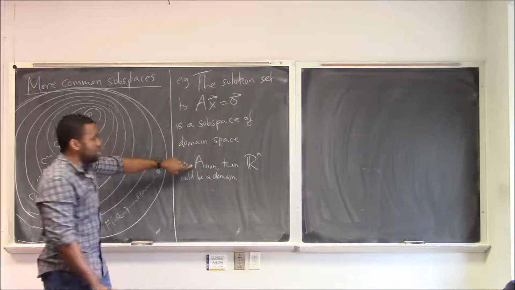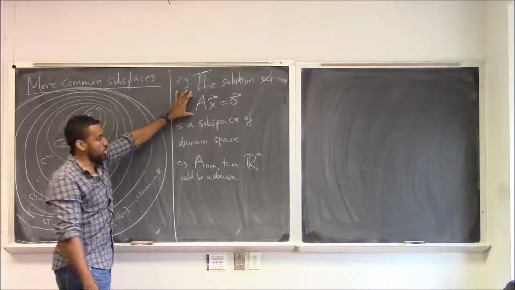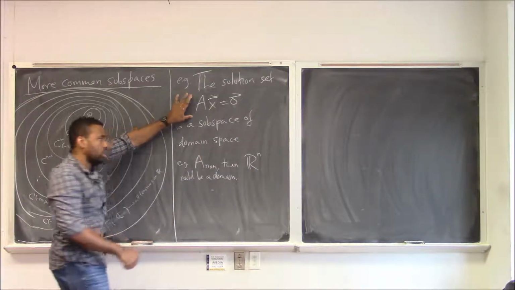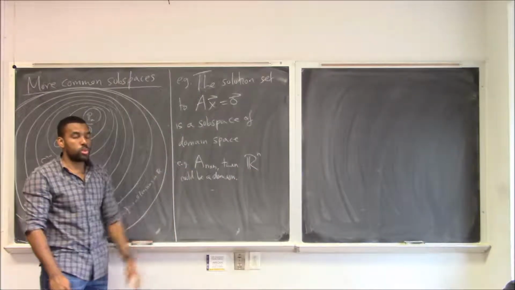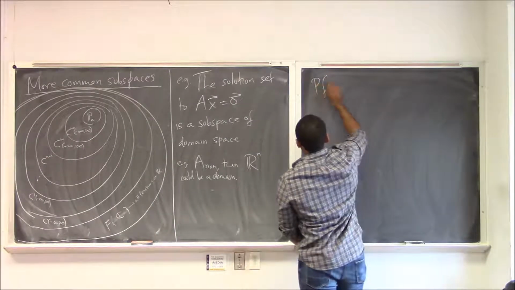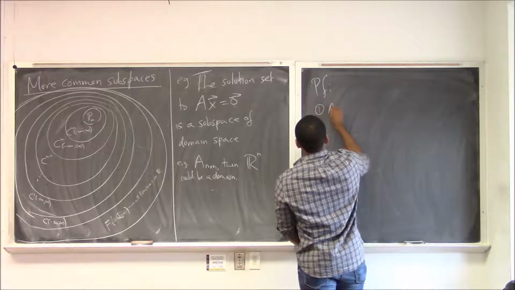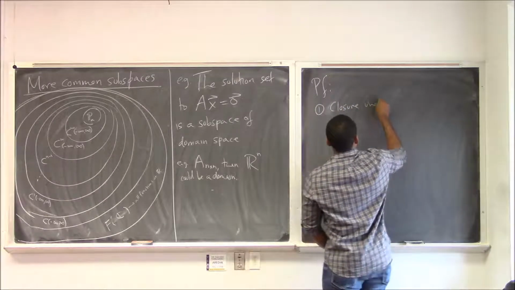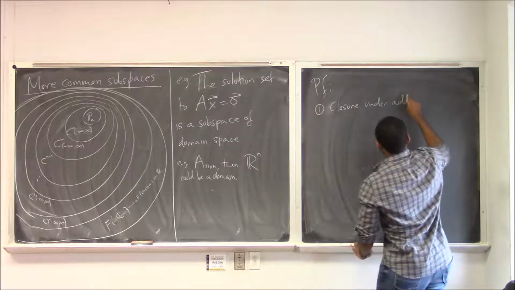So if A is some n by n matrix and I form this equation, and I'm only taking the vectors out of this set that solve that equation, it turns out that those solutions form a subspace. You can prove this. Closure under addition. How would you show that?